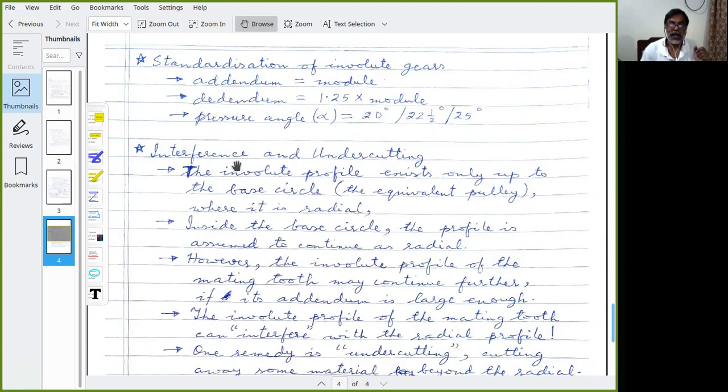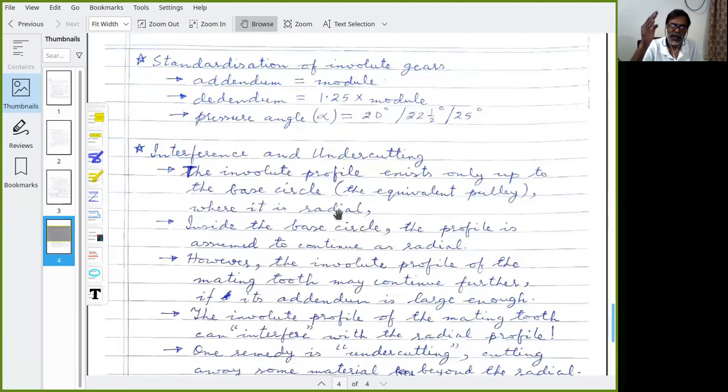See, the involute profile does not exist inside the so-called base circle, or the equivalent pulley in the cross rope transmission system. So it starts from that circle itself, outside the base. So inside does not exist. Inside the base circle, the profile is assumed to be continued as just radial, because at the base circle point, the involute profile happens to be radial.